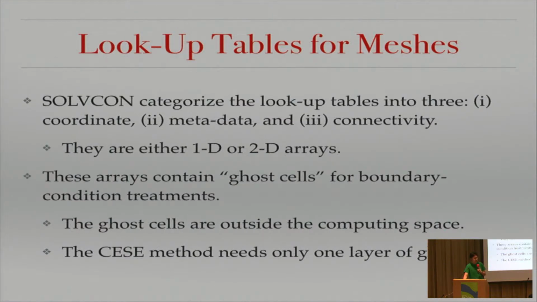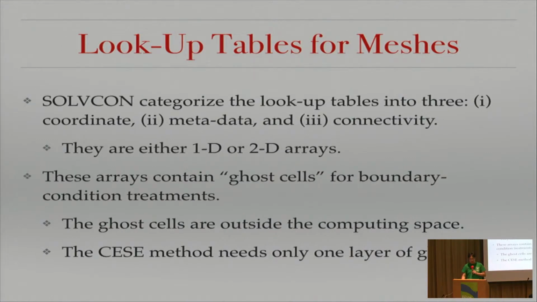The third is connectivity. Unlike structured mesh or Cartesian grid, where you know where your grid point is in relationship to each other, for unstructured mesh you really need to remember all this information. So that creates a lot of overhead, but also gives you flexibility in geometry.